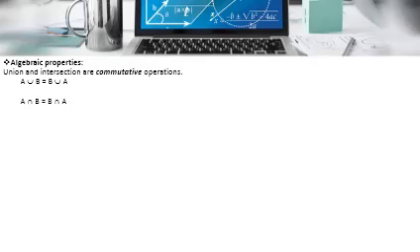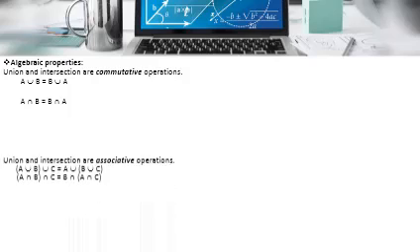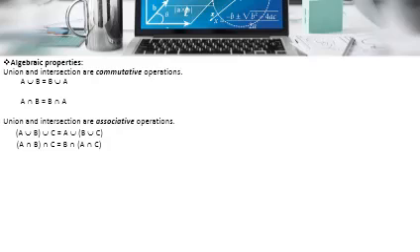And now, algebraic properties about the union and the intersection. You have to know that union and intersection are commutative operations, which means A union B is the same as B union A. A intersection B, it's the same as B intersection A. You have to know also that the union and intersection are associative operations, which means A union B union C, it's the same as A union B union C. So it's associative.